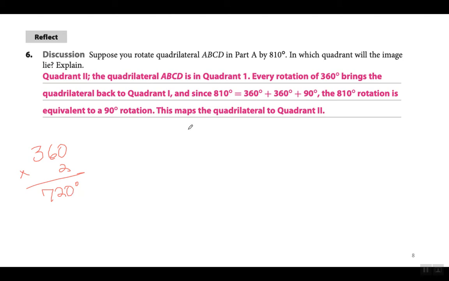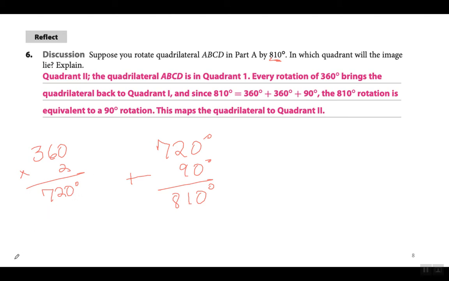So a rotation of 810 degrees means I'm doing 720, which puts me back in the same spot, plus 90 degrees more. Because 720 plus 90 degrees more is 810, which is what they're asking up there. And 720 just puts me back in the same spot.